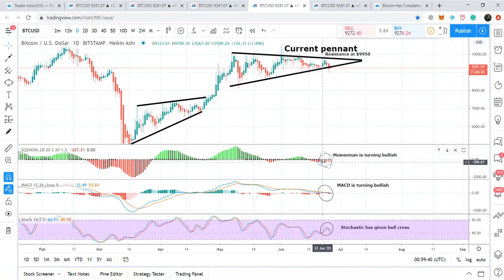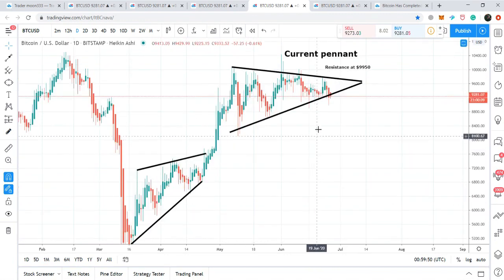For example, here on 22nd of June, this momentum was turning bullish. We received a bullish signal by the MACD as well, and the stochastic also gave the bull cross, and the price action moved all the way up to the resistance of this pennant, that was almost at $9,800.